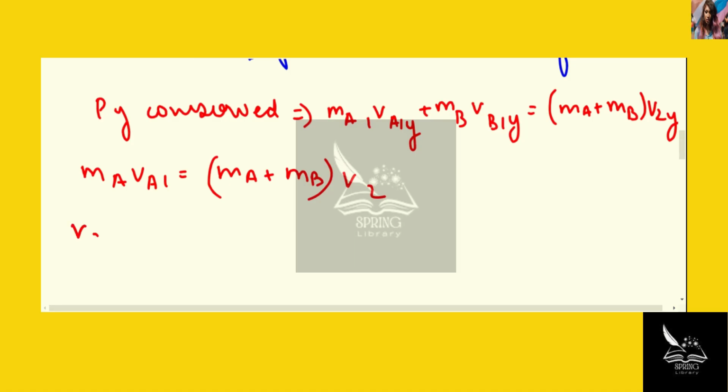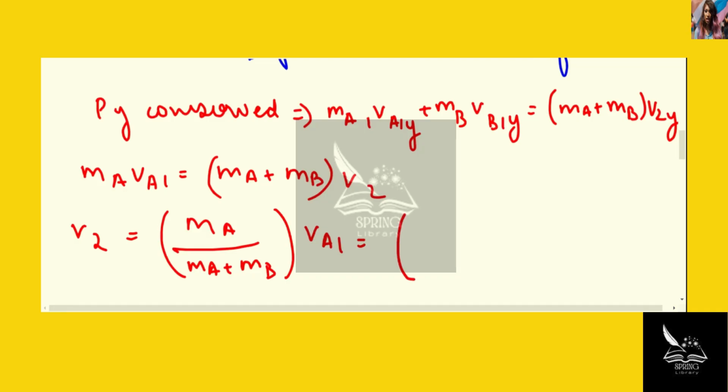From this we get V2 equal to MA upon MA plus MB into VA1. Just put the values: 2.2 kg divided by 2.2 plus 0.20, into 2.80.